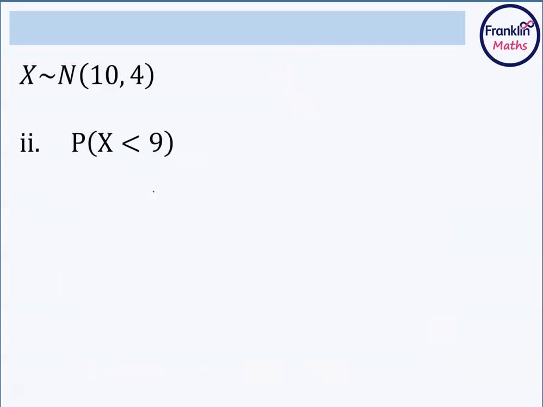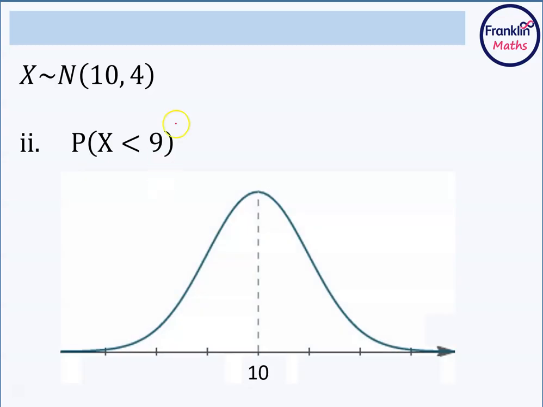Part 2, probability that X is less than 9. I did mention this before, but it's that section there. I've had a couple of questions emailed to me saying, Aaron, what's this one equal to?